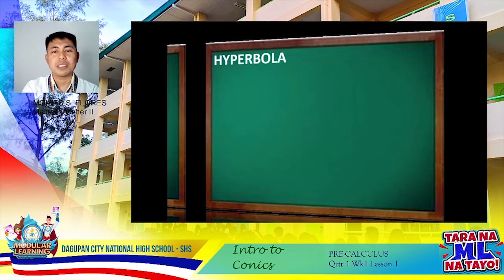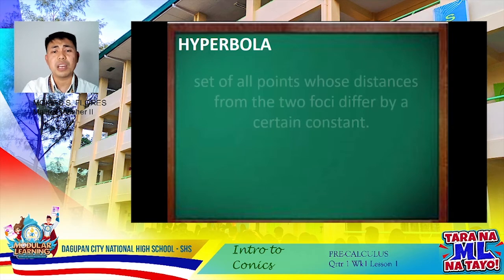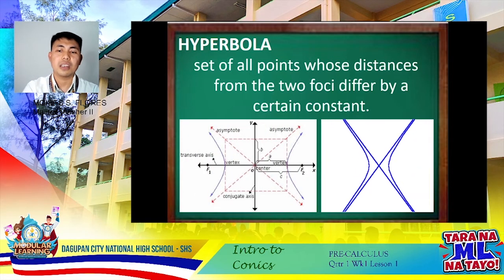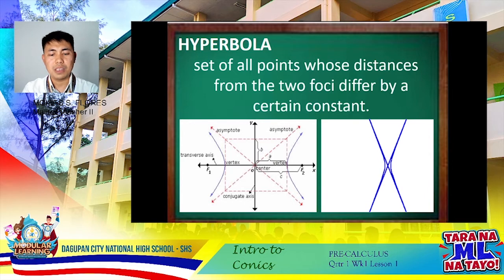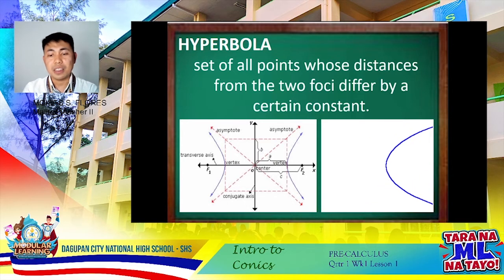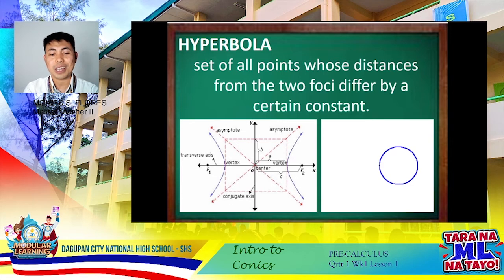And let's further define what a hyperbola is. A hyperbola is the set of all points whose distances from the two foci differ by a certain constant, as shown in this diagram. If an ellipse contains two parabolas facing each other, we could easily note that a hyperbola contains two parabolas facing opposite each other.